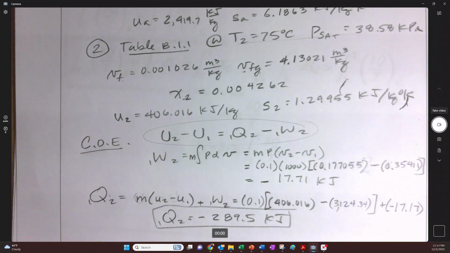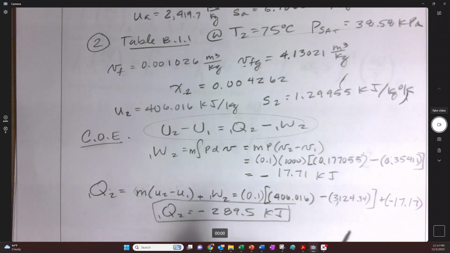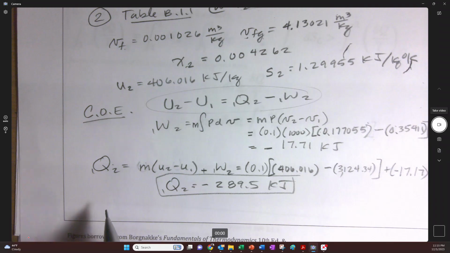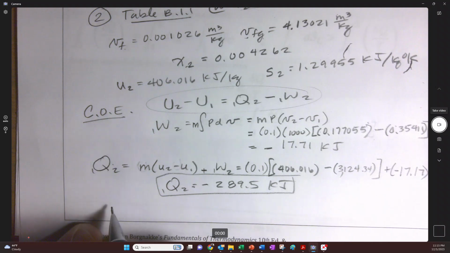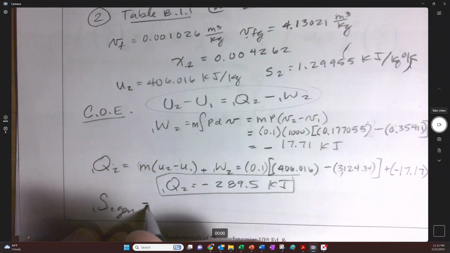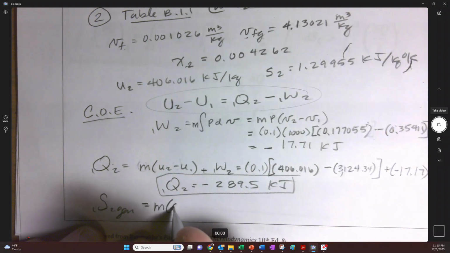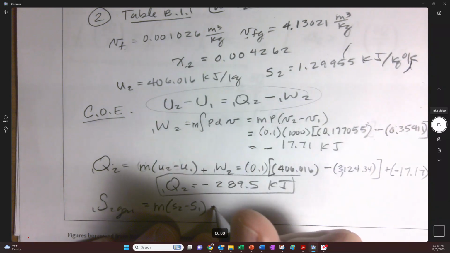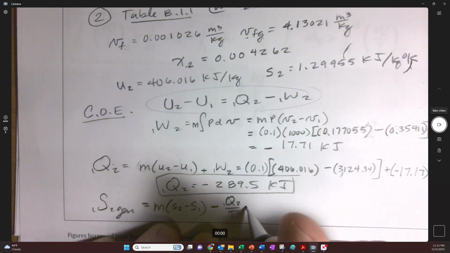They also wanted to know the entropy generation. So this is equation 637, rewritten around a little bit. And so we would find that S1 to 2 gen is going to be equal to M times (S2 minus S1) minus Q1 to 2 over temperature.